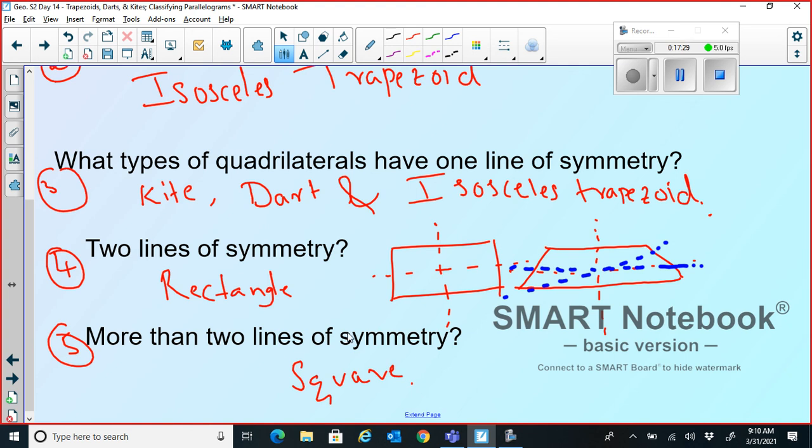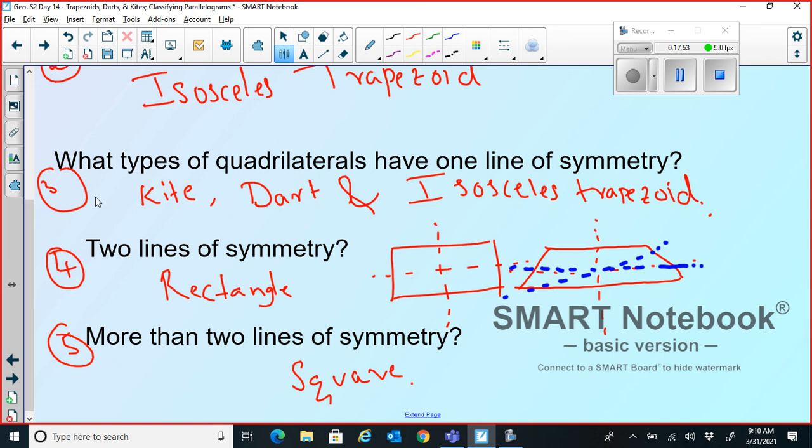I want you all to check later on how many lines of symmetry rhombus will have, and the parallelogram, we saw rhombus and parallelogram in the previous class, right? So just check those, rectangle and square. Rectangle, square we have written here, so just check for them how many lines of symmetry those two will have.